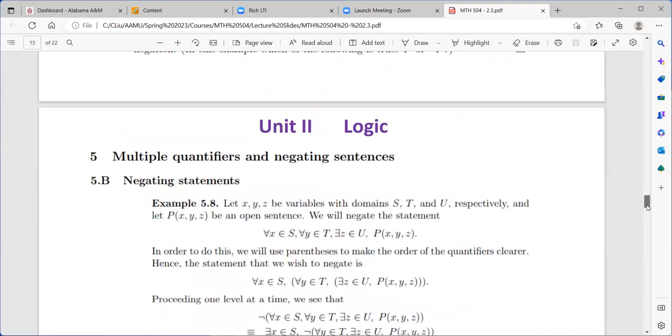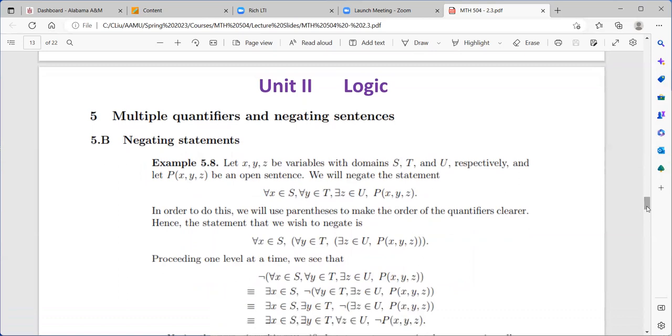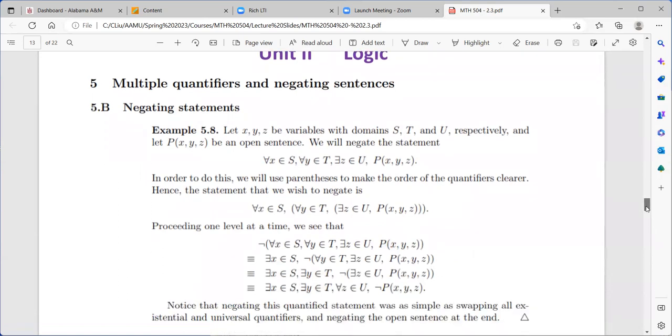And the next thing is a little bit more complicated, when you have more than one quantifier used at the same time. How do you negate the statement when you have a statement with multiple variables and multiple quantifiers? How do you negate that statement?